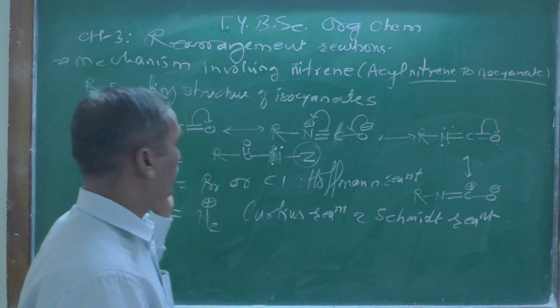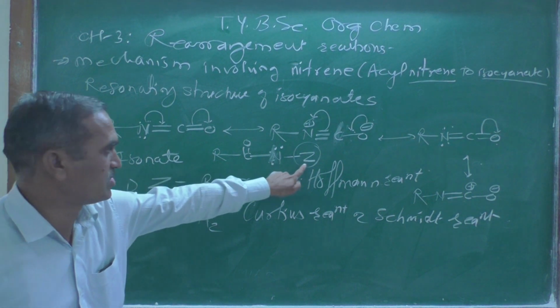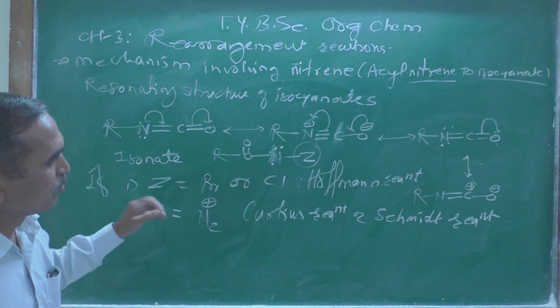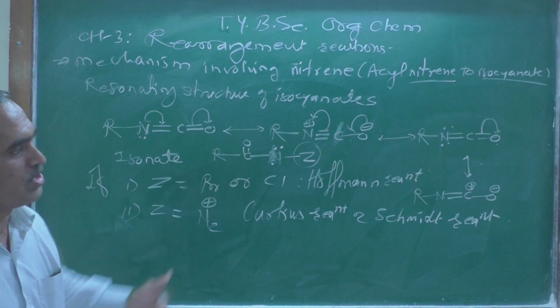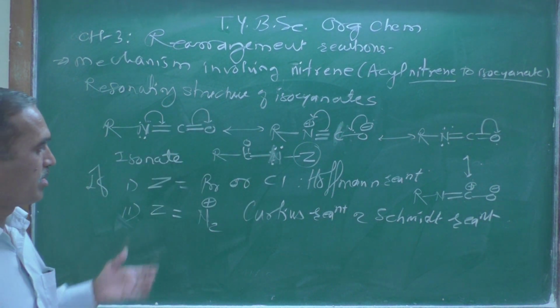Here we are just discussing that if you take a different Z group in the amide, then we get a different type of rearrangement reaction.